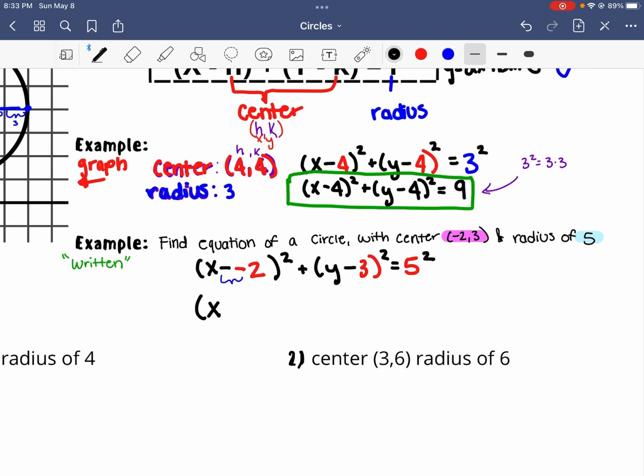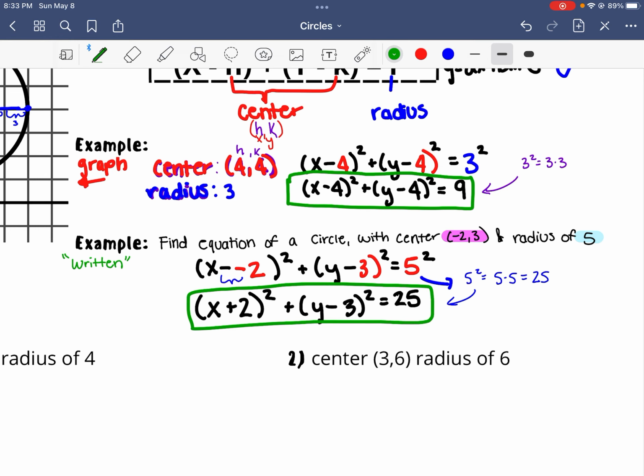So this becomes plus 2 squared plus, there's nothing to simplify here, so I just rewrite it, equals, and oh, remember that 5 squared is 5 times 5, which is 25. And that is my final answer.